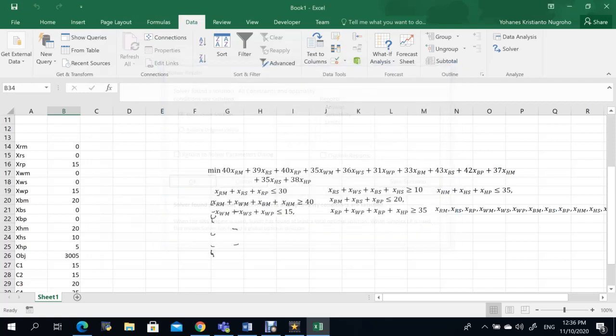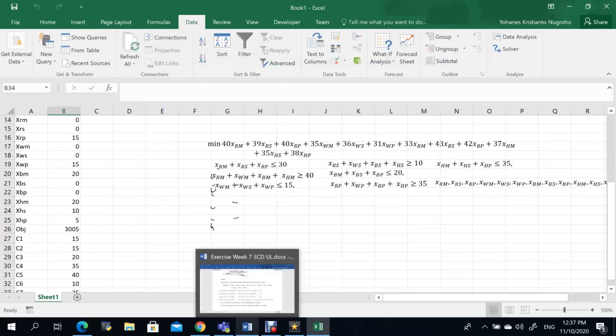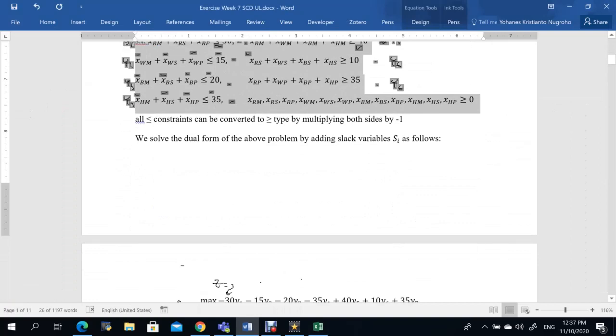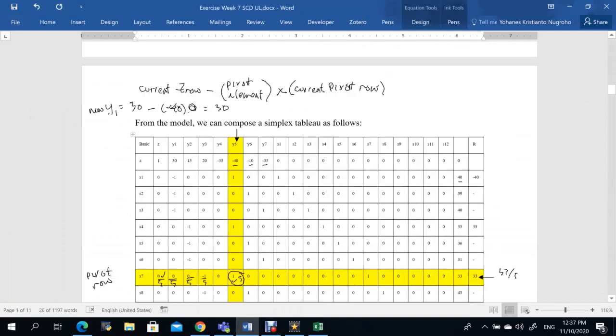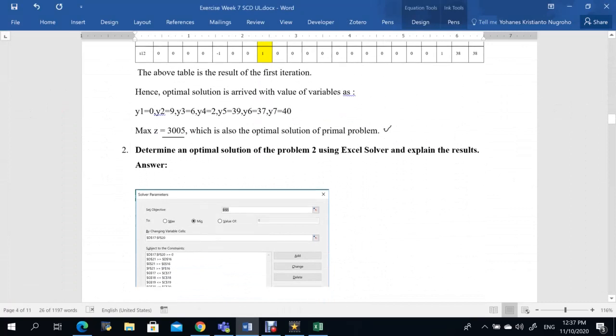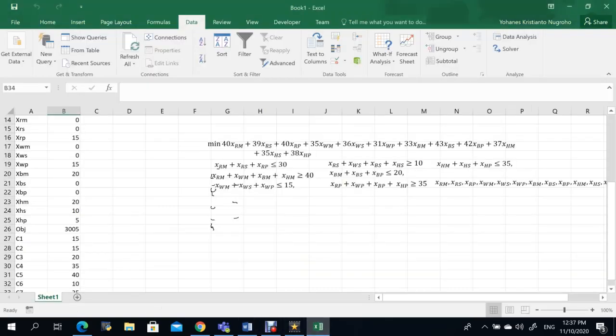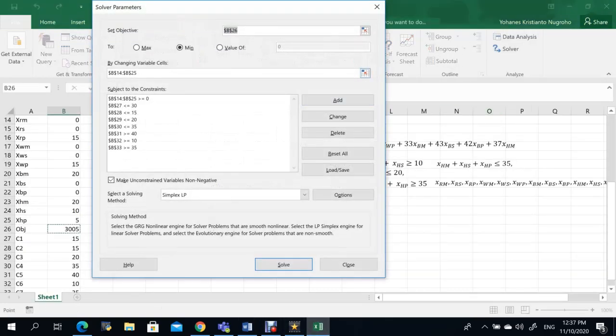And we know that objective function equal to 3005. It is equal to our previous computation here, 3005. Okay, and then we have the following result from our Excel solver. Okay, let's do it again.